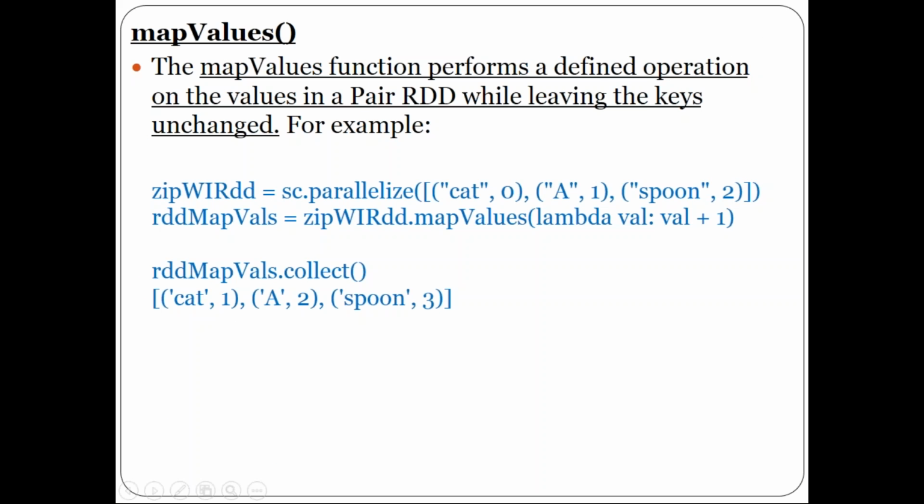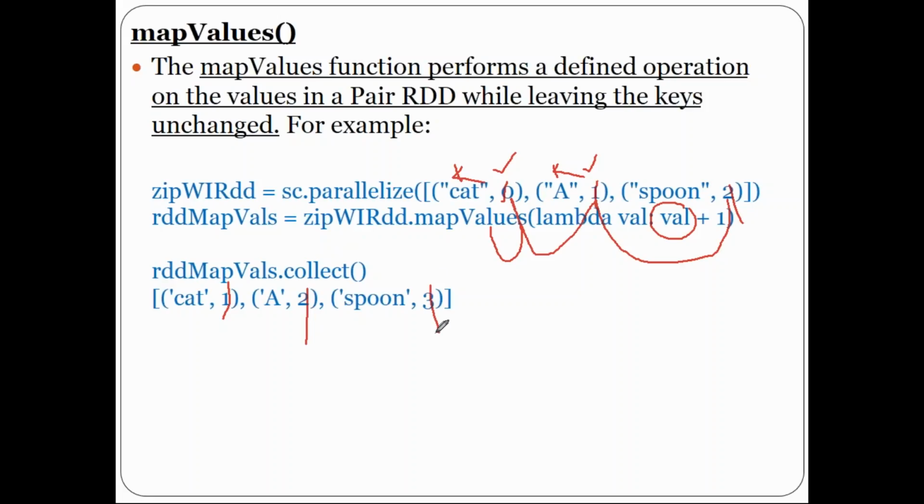Now, let me take this one. This is key. This is value. This is key. This is value. So, your map values will be implemented only on values, not on key. So, here you are defining a lambda function. You are asking val plus 1, which means 0 plus 1 is 1, 1 plus 1 is 2, 2 plus 1 is 3.